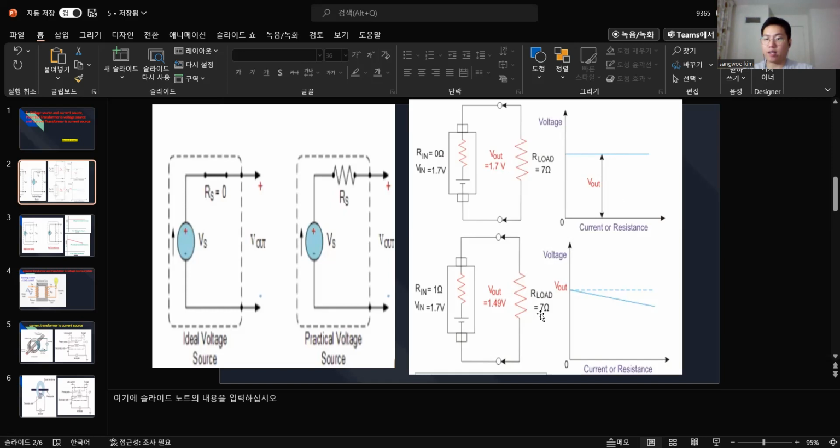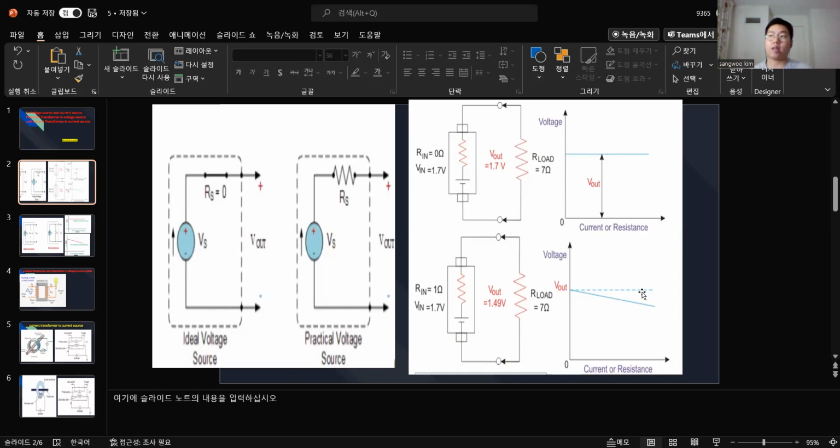But I said this is ideal; practically there's some resistor that exists, so a little bit of voltage is dropped. That is a voltage source. The main meaning of a voltage source is a constant voltage supply. Most of what we see is a voltage source.